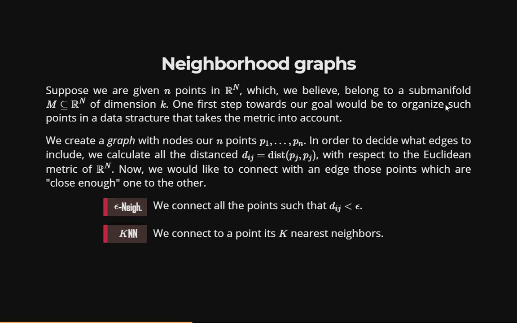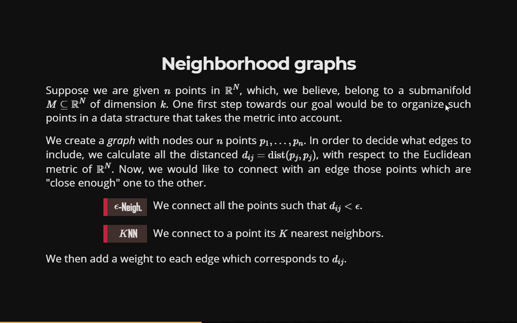Obviously, if you have enough data and a fine enough scale with either epsilon or k, whatever. Once you do that, you have a graph, and you put a weight on each edge with the distance. So the weight is only between points that are connected. So in the first case, the weight will always be less than epsilon.